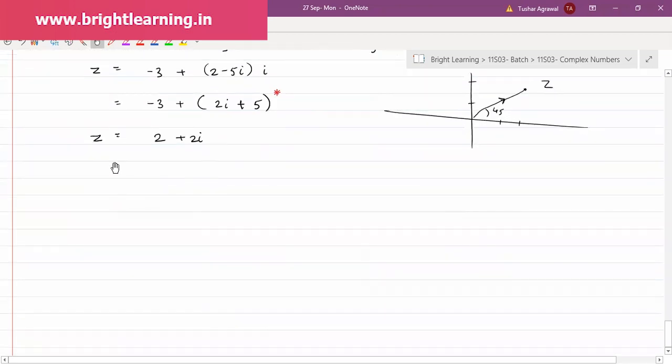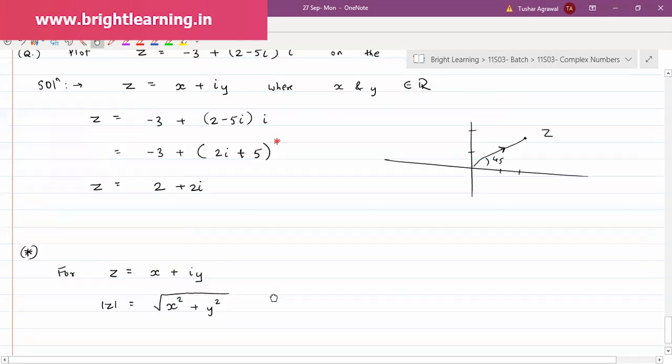So, two definitions. Modulus of Z. For Z equal to x plus iy, modulus of Z is equal to the square root of x squared plus y squared. Be careful: I can write this definition if and only if I am sure that x and y are real numbers, meaning I have written Z in the standard form.